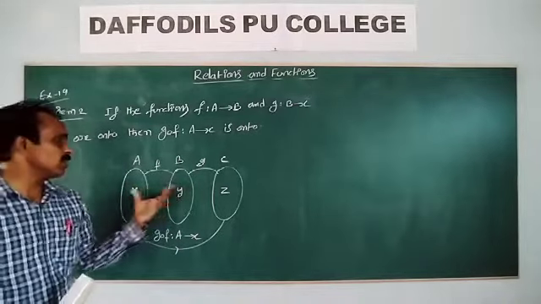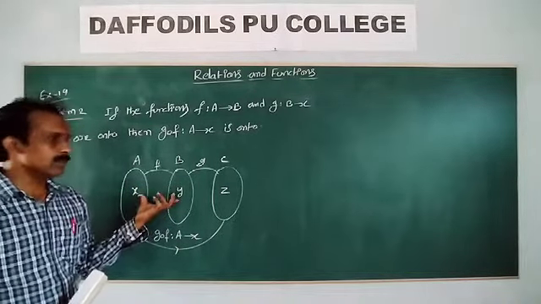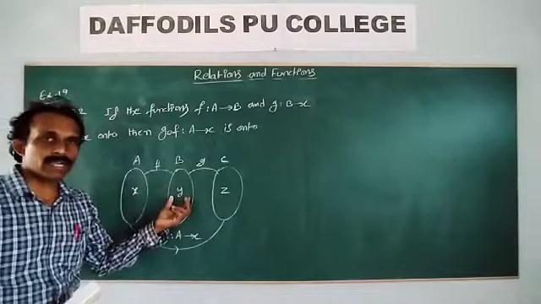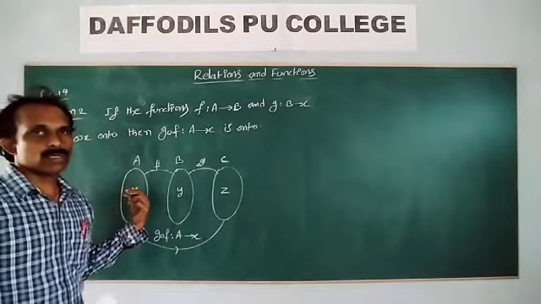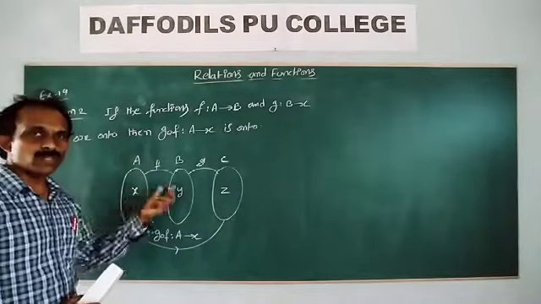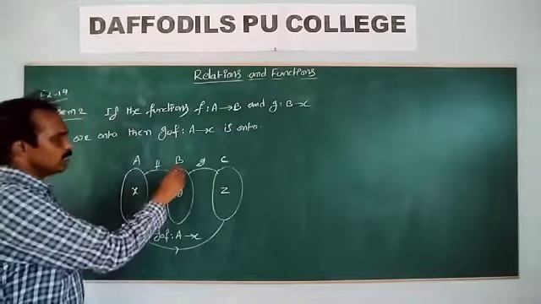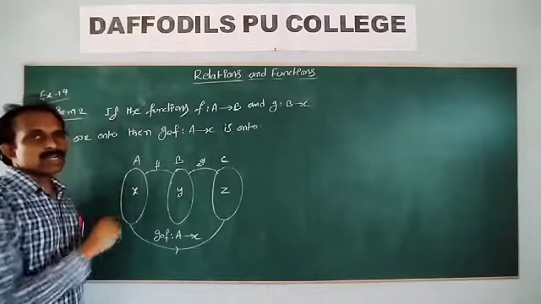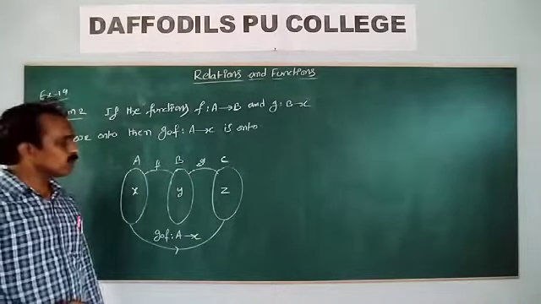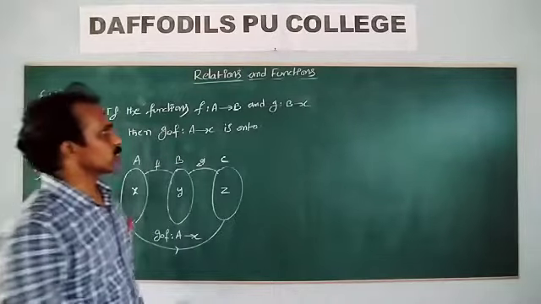Suppose we consider these two sets, domain and codomain. Every element of the codomain has at least one element in the domain, which means all elements are images of domain elements. That is the onto function, right?